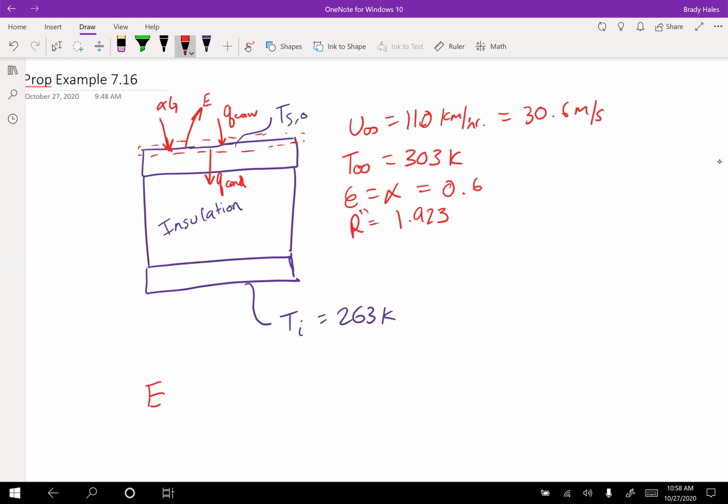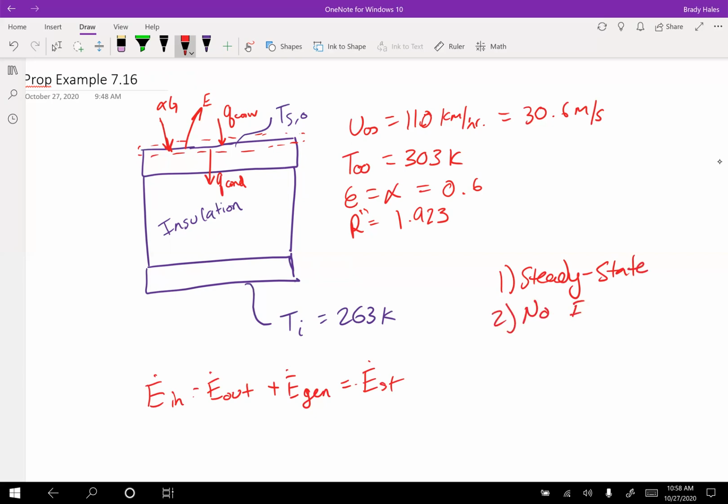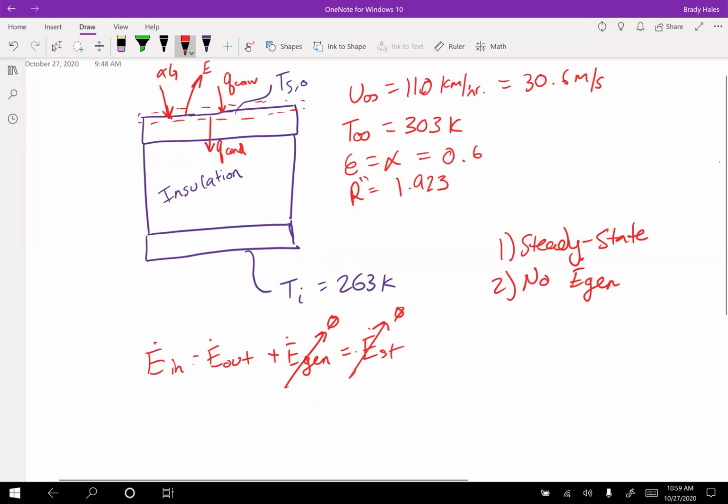So we do our energy balance, E dot in minus E dot out plus E dot gen is equal to E dot stored, right? So we're going to say that this problem is steady state with no energy generation. So what comes in is what comes out, right?